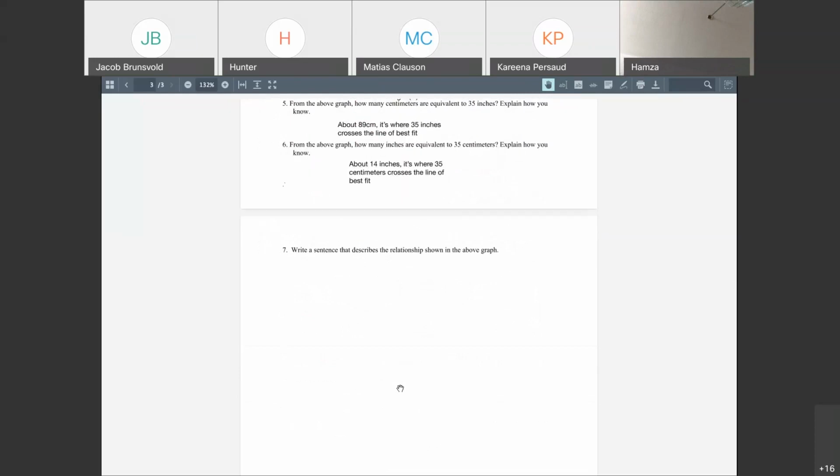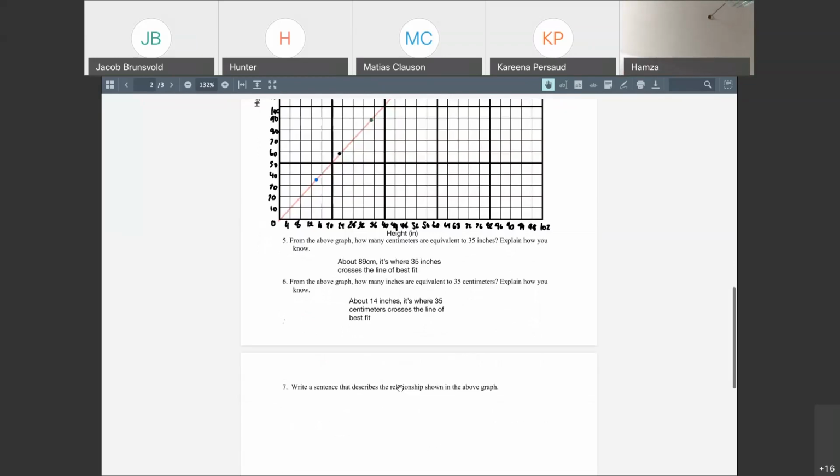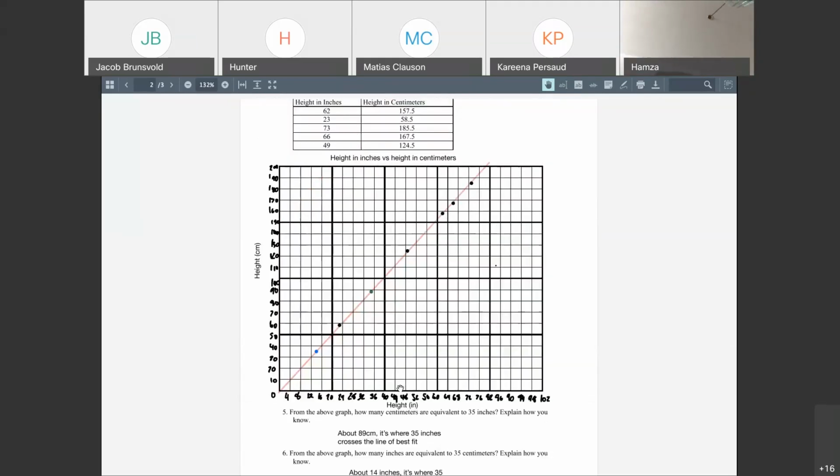Oh, and then number 7, it looks like you missed that one. Write a sentence that describes the relationship shown in the above graph. So what do we think? What's something we could say for the relationship in the above graph?